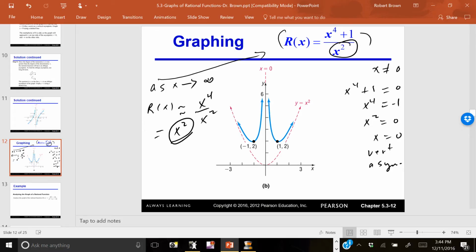So we expect that as x gets very large, the function on the right and the left will approach y equal x squared. Let's graph these.